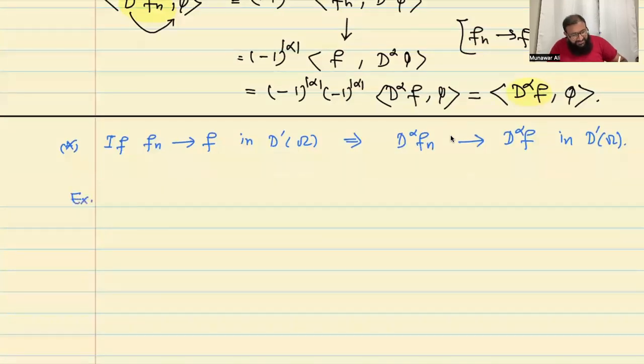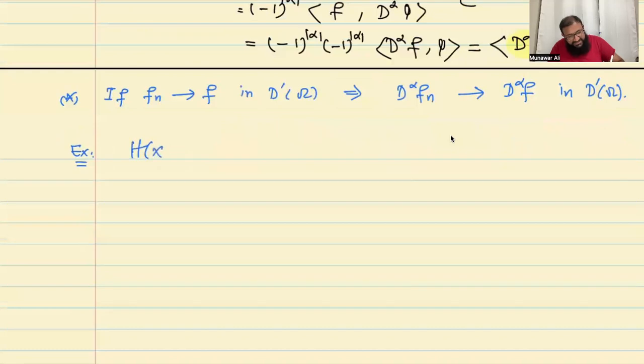Let me quote a final example, then maybe we are going to end it, and in the next lecture I'll be discussing Schwartz class and tempered distributions. So I'm taking the Heaviside function, you know very well it's 1 when x is greater than or equal to 0, and 0 when x is less than 0.